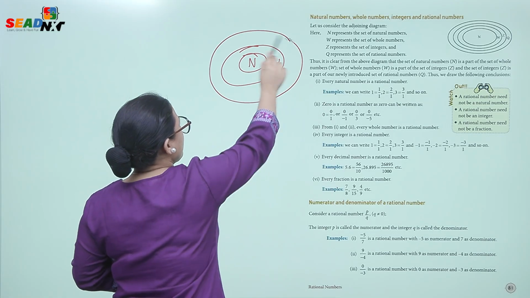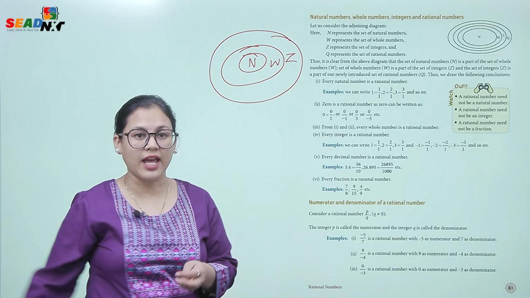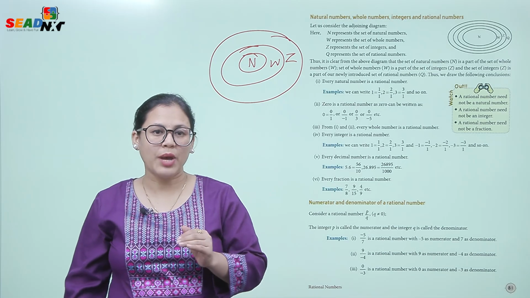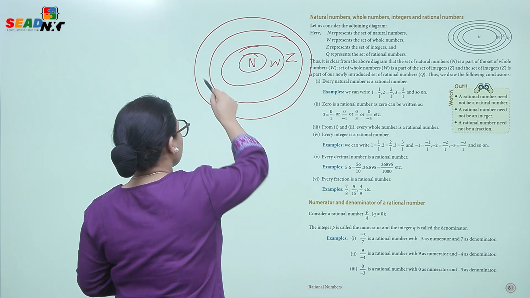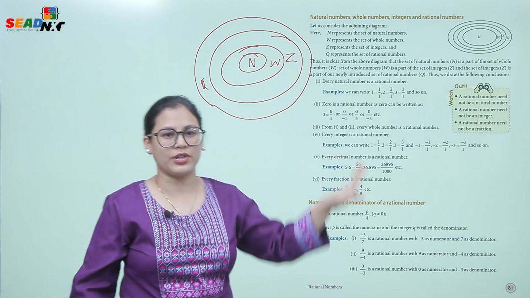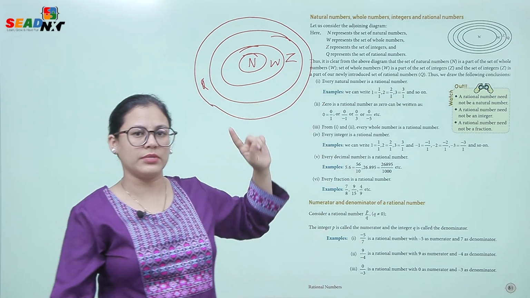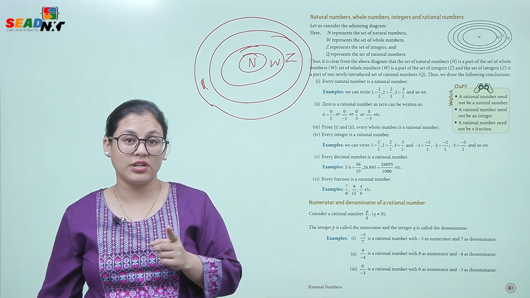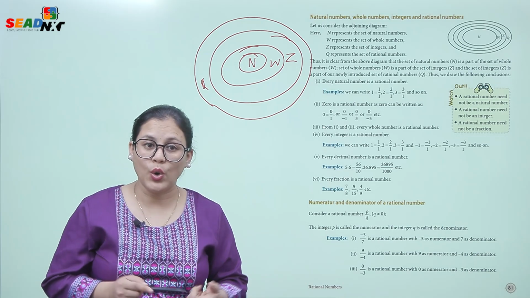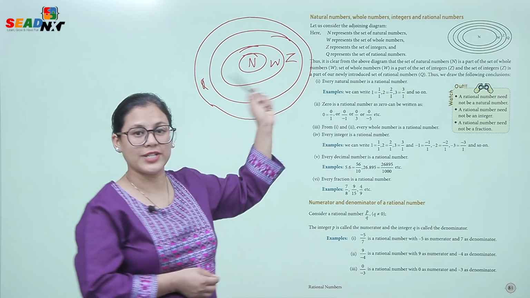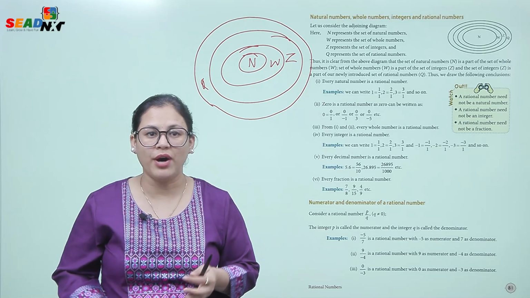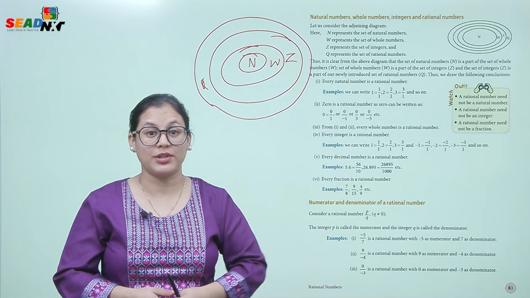So, integers are represented by Z. And then we have Q. Q represents the set of rational numbers, okay. Thus, it is clear from this diagram that the set of natural numbers N is a part of the set of whole numbers, and the set of whole numbers is a part of the set of integers, and the set of integers is a part of our newly introduced set of rational numbers Q.